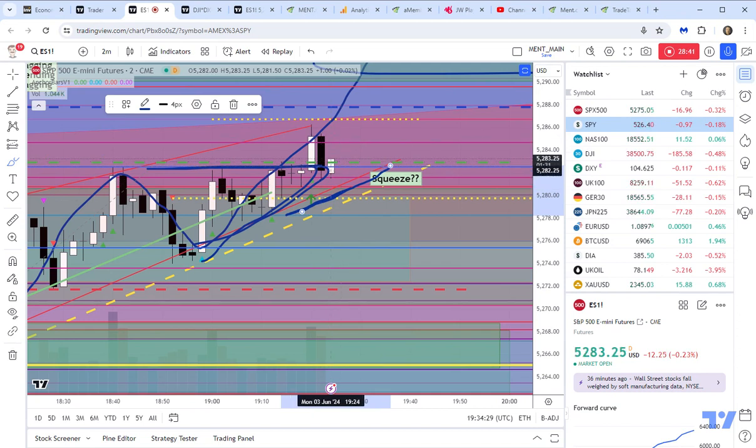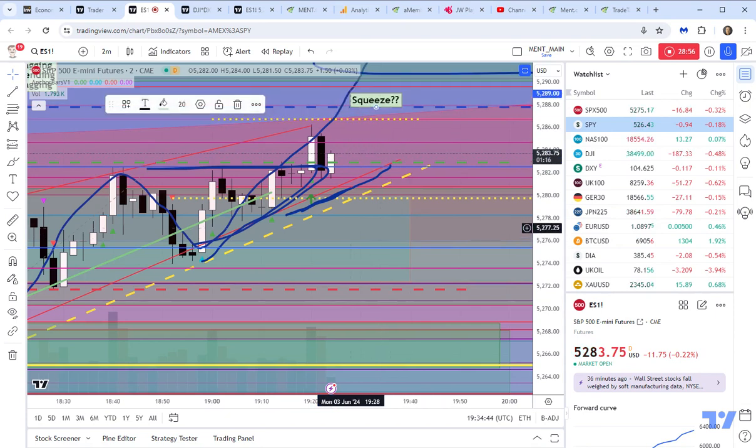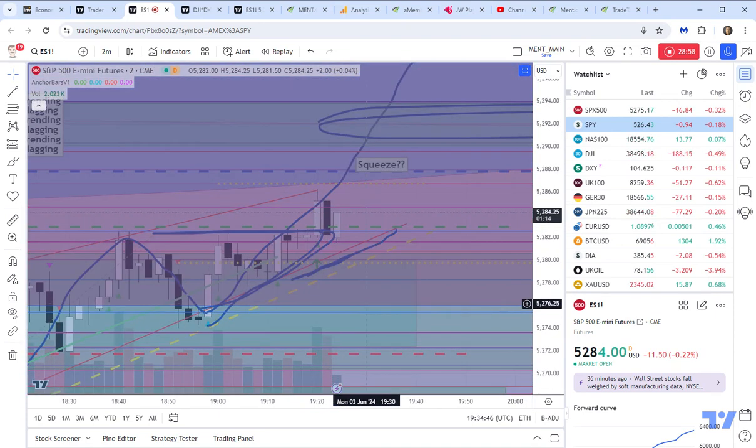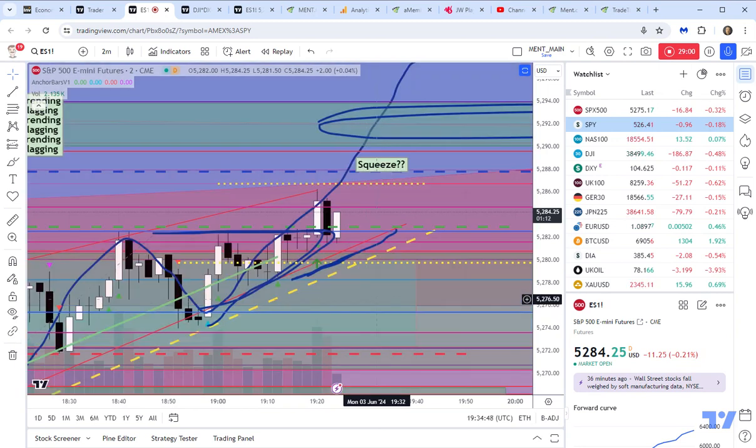Because of this immediate rejection back below this breakaway area, we need to see this resume to the upside with fairly strong volume, and we need to see it avoid our stop level. And if that happens, we may move into a squeeze pattern here at the end of the day. Is that making sense to everybody?